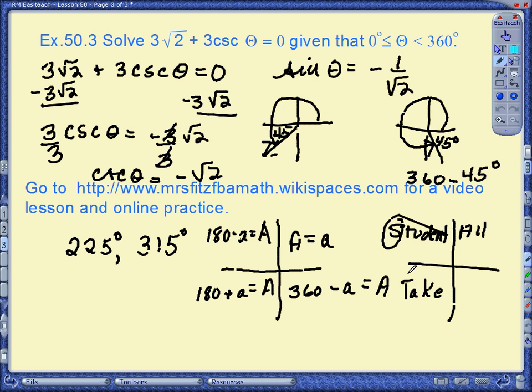Take, that's tangent, tangent and its reciprocal, cotangent, are positive in the third. And calculus is the end of this mnemonic device, and the C stands for cosine, and its reciprocal secant are positive there. This concludes lesson 50 on trig equations.